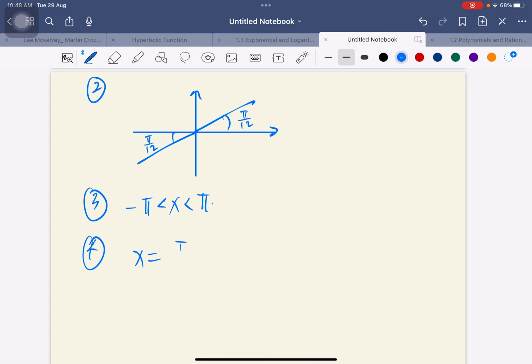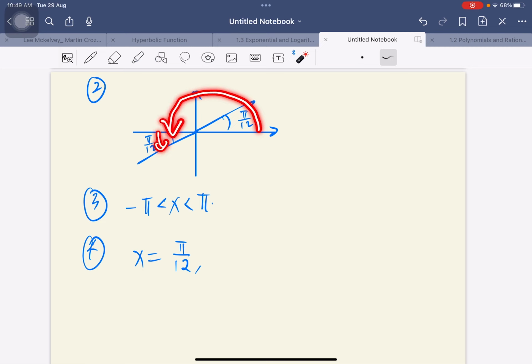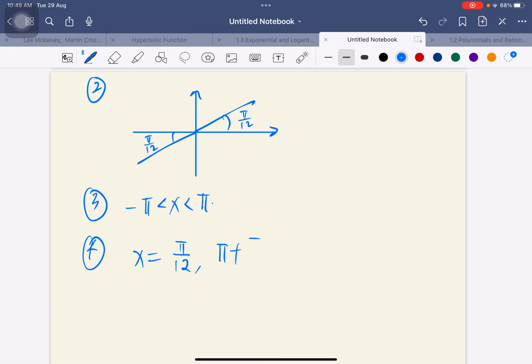The second one is 180 degrees plus pi over 12. 180 degrees means 1 pi, because we know that 360 is 2 pi, so half of it is pi. Pi plus pi over 12.